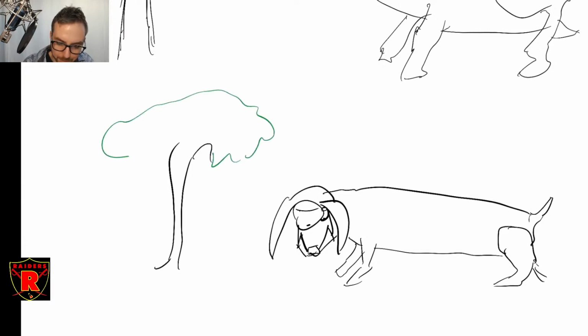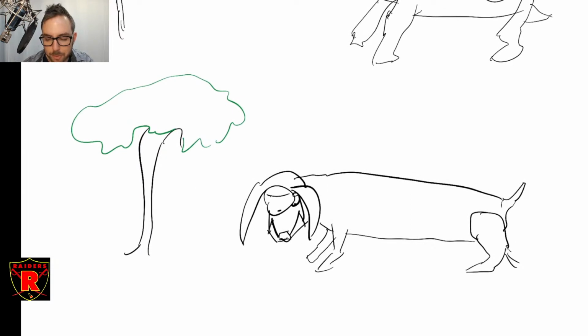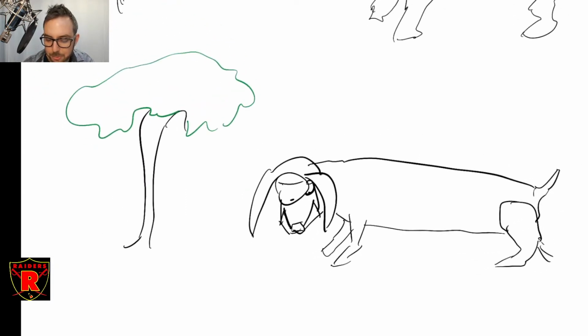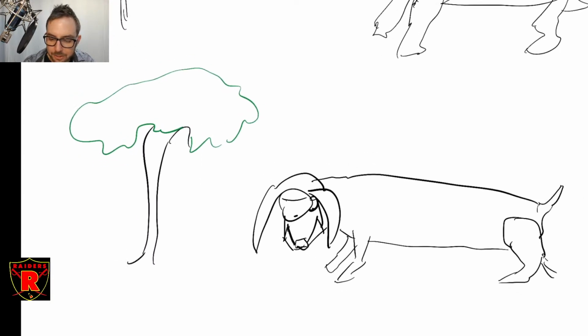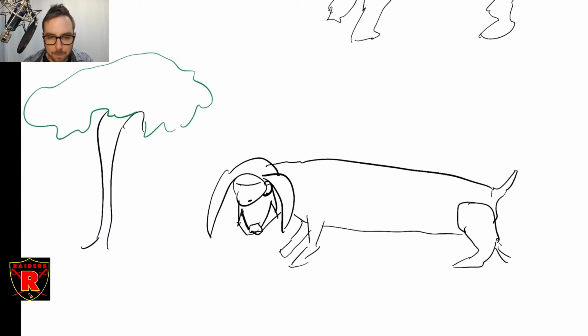This might be a terrible example because dogs are carnivores pretty much, but let's say that this is an herbivorous animal. Honestly, you could say it's any animal. It doesn't really look like a dog anyway. So its food source is up high. In this case, the dogs that are going to be able to access this food source are the ones that are going to be preferred in this particular environment.